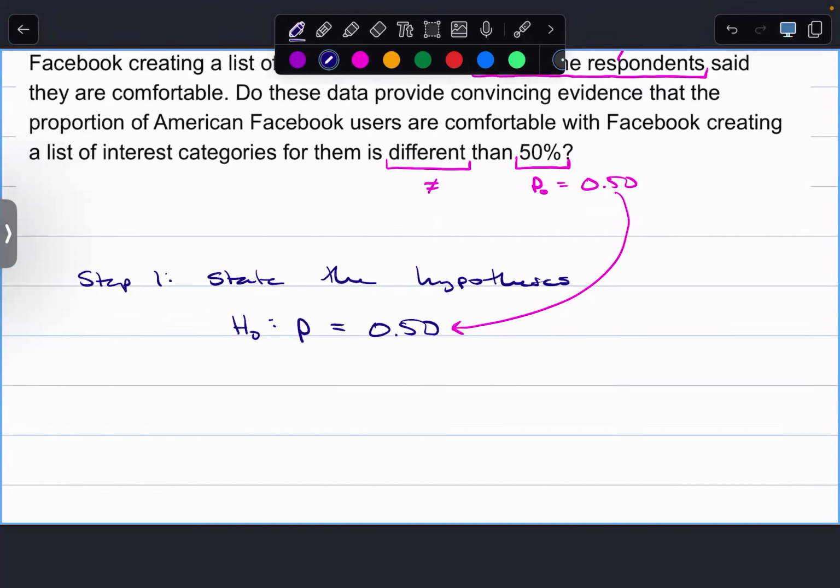So I do 0.50. Our alternative hypothesis, usually the one that we are trying to prove, but we have to assume that it's centered on 0.5 until I have evidence otherwise. So I'm trying to prove that p is not equal to 0.5, that they're different from each other. Or different from 0.5.